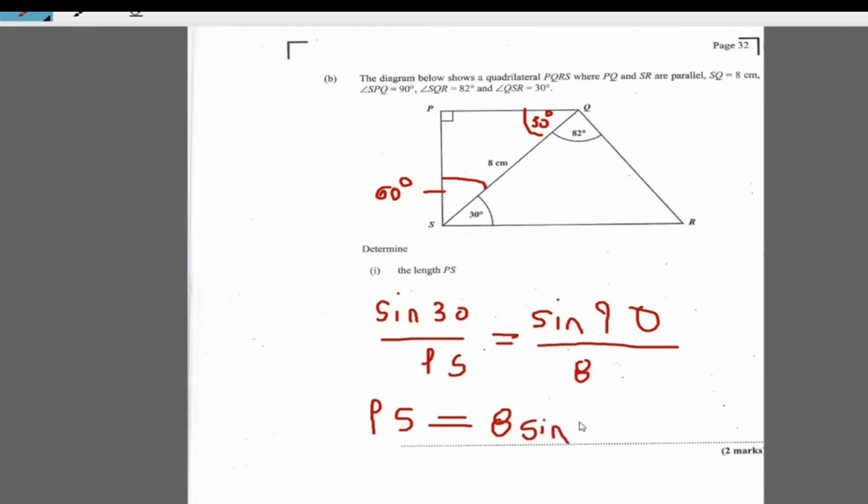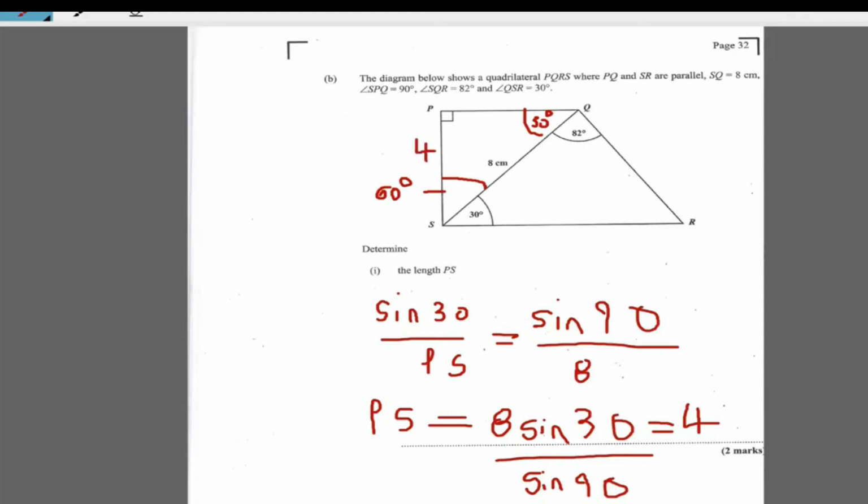So when we work this out, 8 sine 30 is 8 times a half, which is 4, and the sine of 90 is 1. So PS is 4.